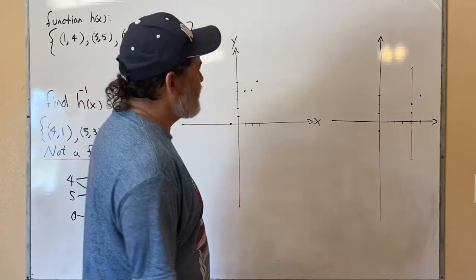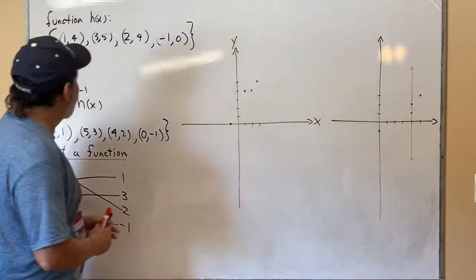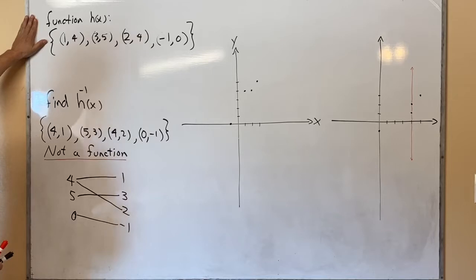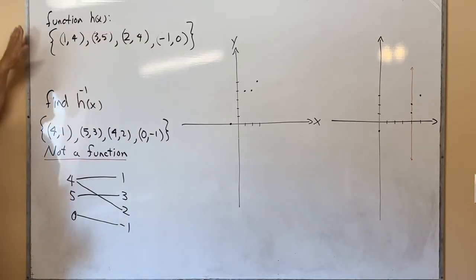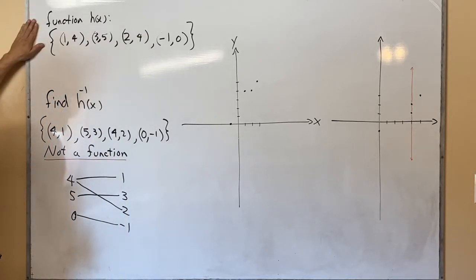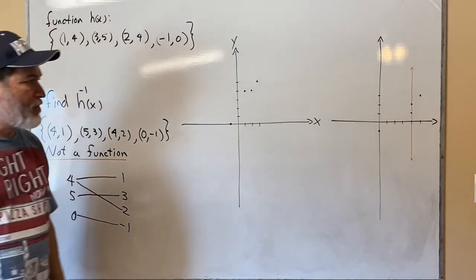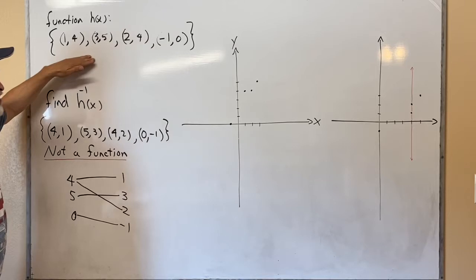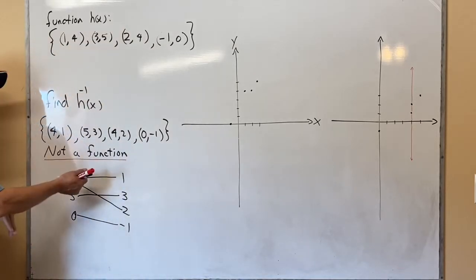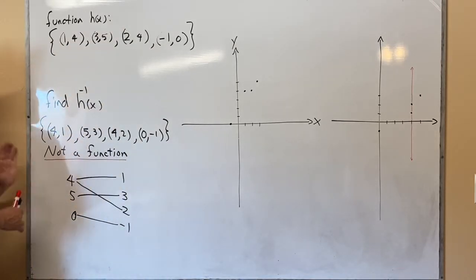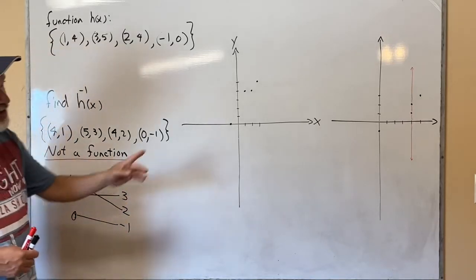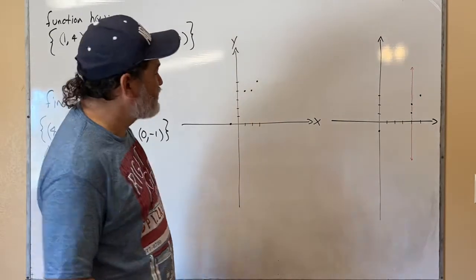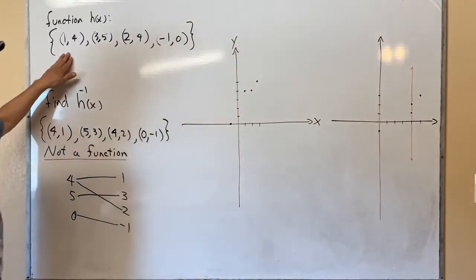But wait a minute. So this is a function, but it does not have an inverse. It does not have an inverse because when we try to find its inverse, that inverse fails the vertical line test. And there it is. So this function does not have an inverse.